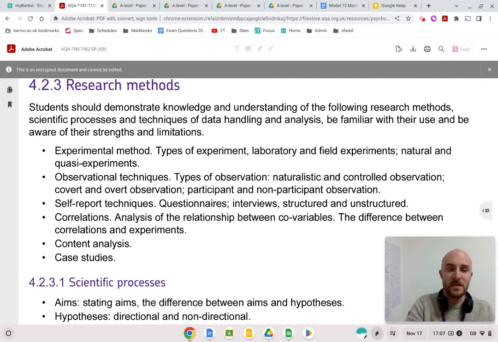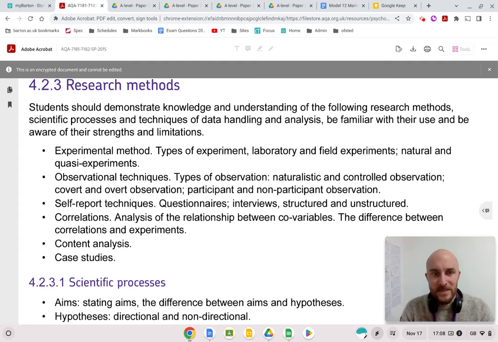Now, they've never done the bottom 3 at the time of recording in 2022. They've only ever hit you with design an experiment, design an observation, or in 1 year, I'll show you, design a self-report. And even that self-report was within an experiment anyway, so they've not done it by themselves.